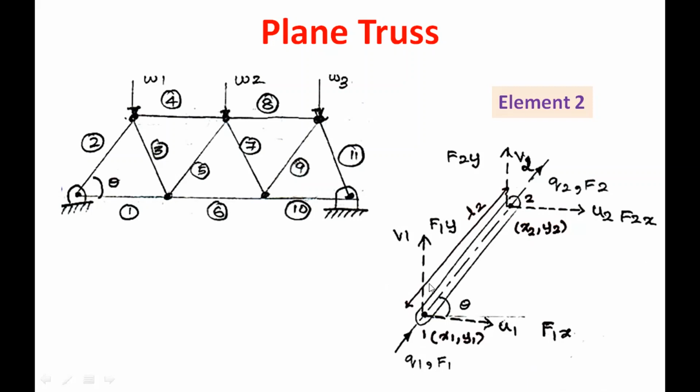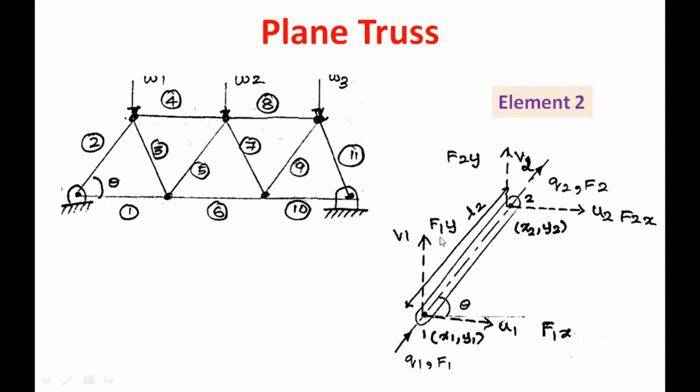Let us say the length of the element is L, and at node 1 we are going to resolve this q1 displacement along x direction as u1, along y direction as v1. Similarly, q2 displacement is resolved into u2 and v2.